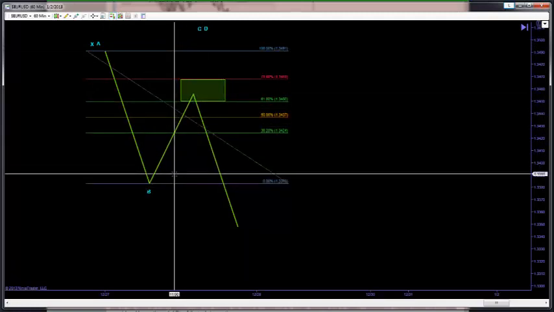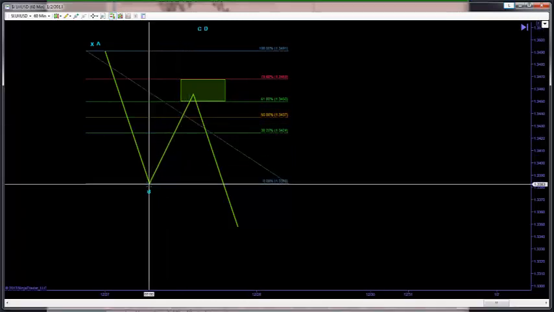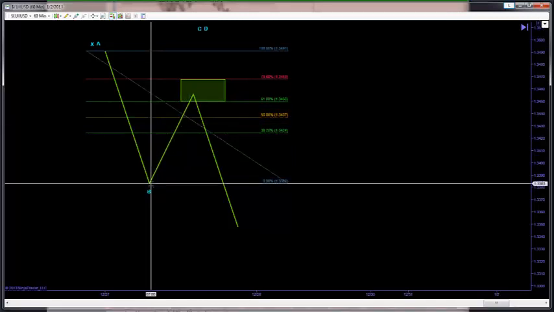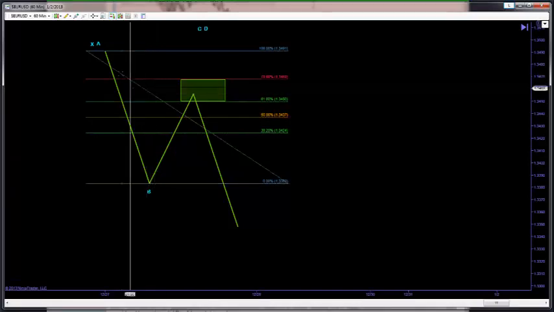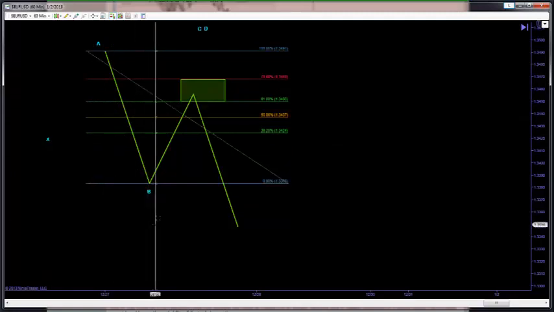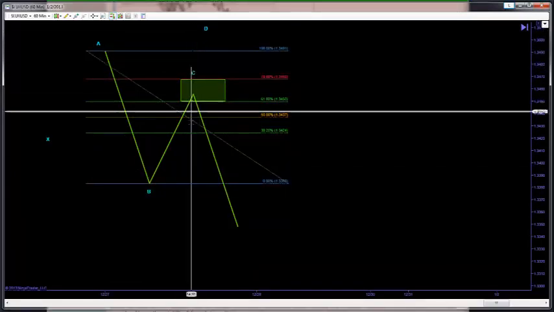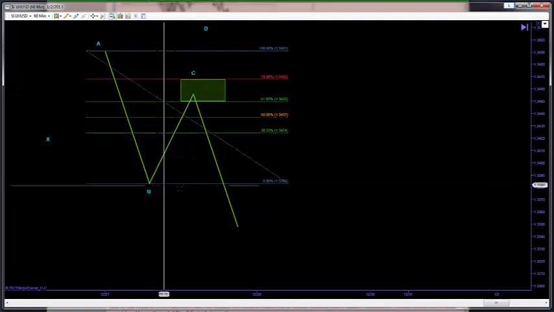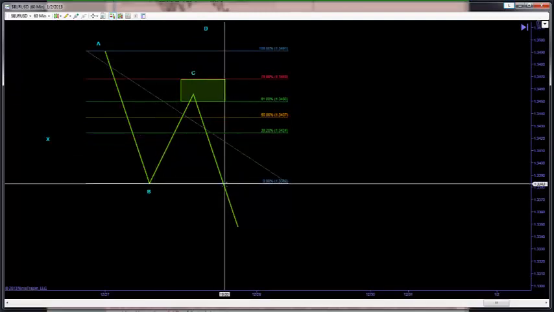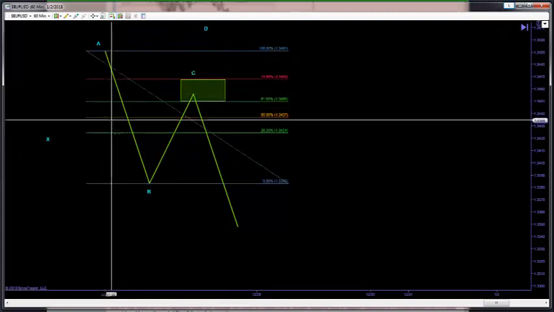Once price breaks this low, it is 100% confirmed that this is an A, and this is B, and this is C. Until this low is broken, we cannot guarantee that for sure. We just have the first half of the pattern that is valid.